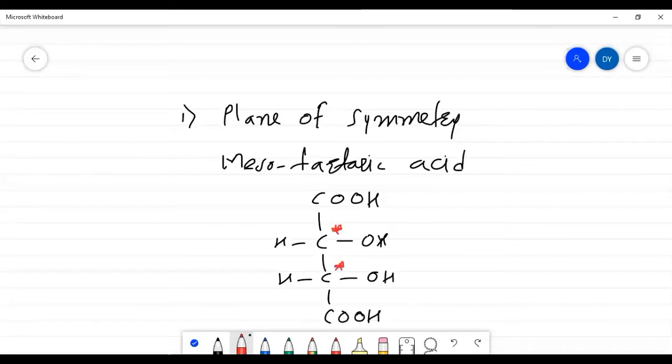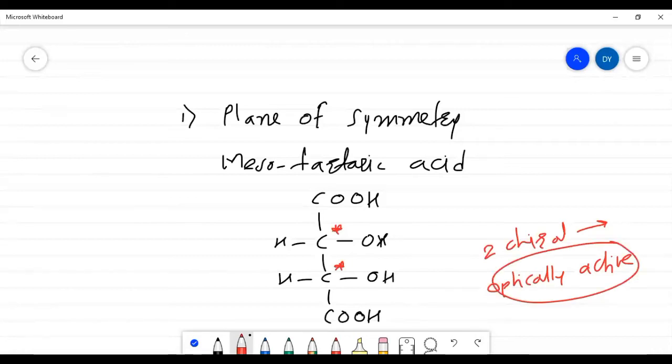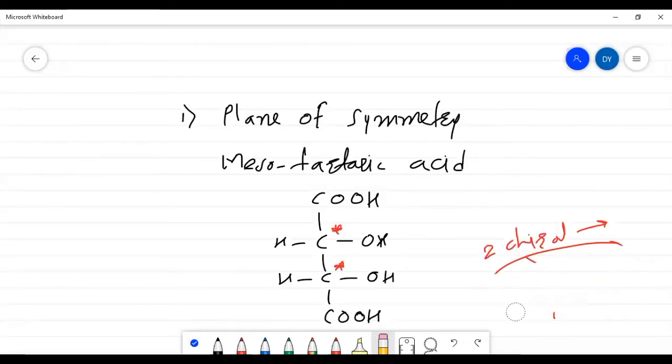So if it contains chiral carbon, then it should be optically active. Correct? Mesotartaric acid should be optically active, but it is not. This compound, mesotartaric acid, is not optically active because it contains a plane of symmetry.